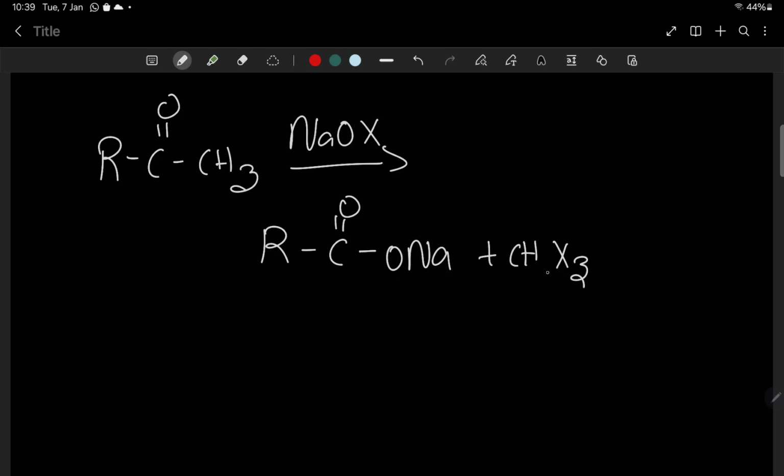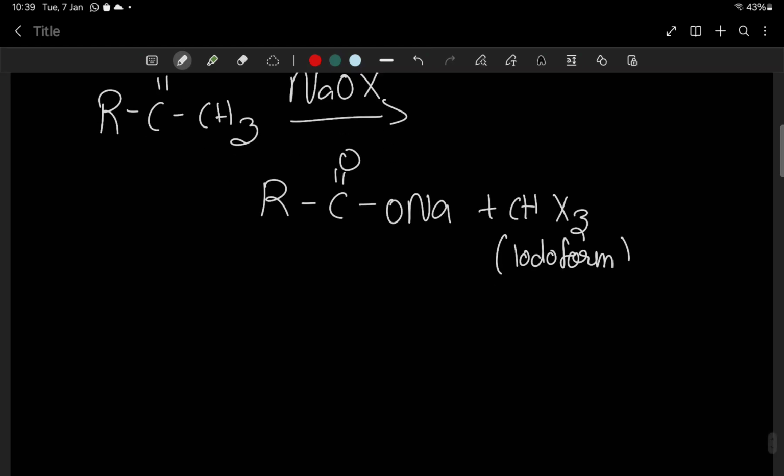The CHX3 is the iodoform. That's the precipitate. What's the color of iodoform? Yellow. Yes, iodoform is a yellow solid or a yellow precipitate.